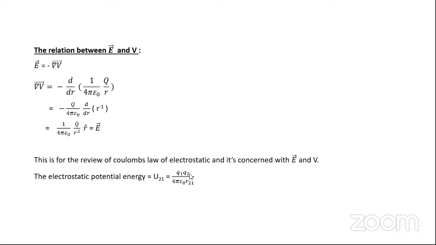This is Q1 and Q2, right? So first of all, when we keep Q1 charge at some position, there will not be any work, because initially there is no electric field. Therefore, there is no need to work against any electric field.